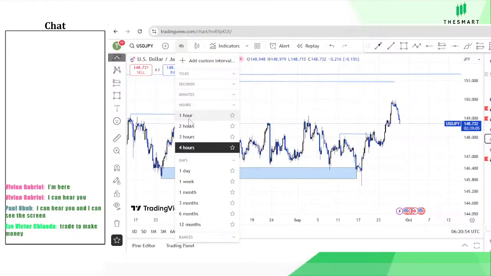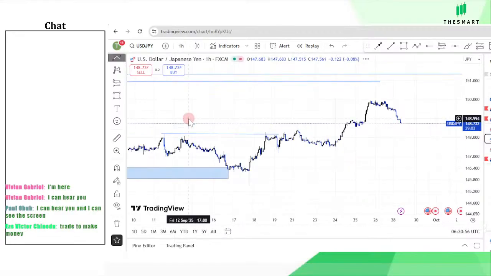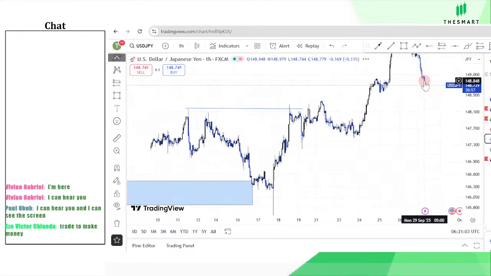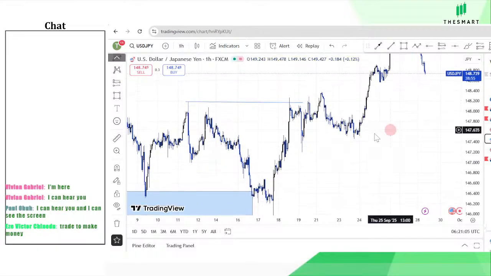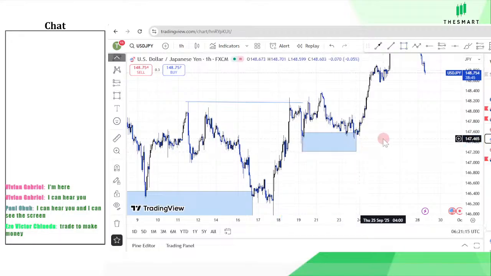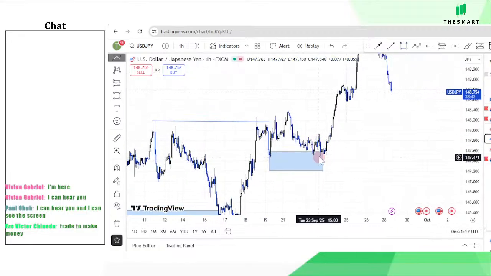From the video I dropped on YouTube over the weekend, for those that have watched that video, you see that after we had this change of character, we waited for price to come back into this zone, which price actually came back into before reacting to the upside.